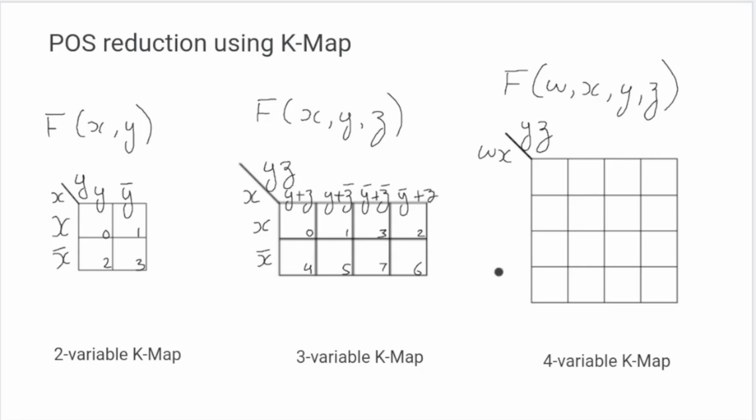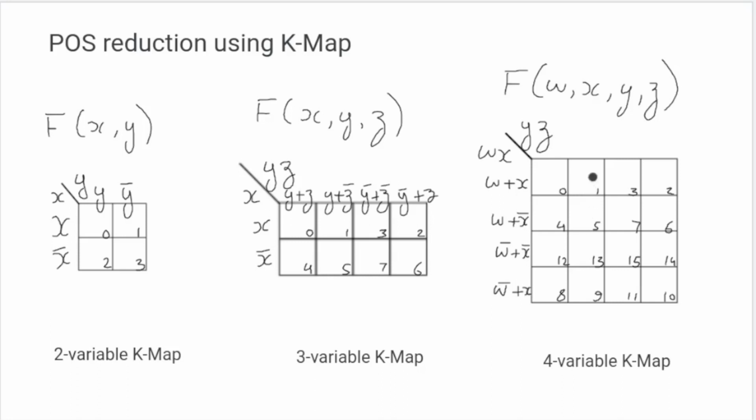The same pattern will be followed in case of 4 variable as well. So 0, 1, 2, 3, 4, 5, 6, 7, 8, 9, 10, 11, 12, 13, 14, 15, and the labeling will be the complement of what we had in SOP. That is w plus x, w plus x complement, w complement plus x complement, and w complement plus x.